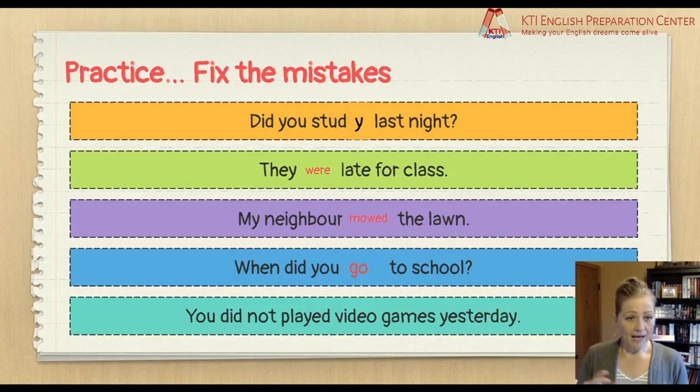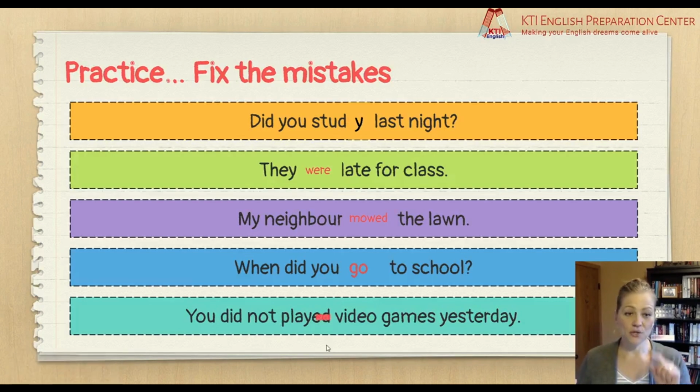Okay. Last one. You did not played video games yesterday. Okay. Again, this one, remember we are doing the negative. We've got the word not in there. So that's the negative sentence. Because it's the negative sentence, simple past, we can't use verb to. So we got to get rid of this ed.